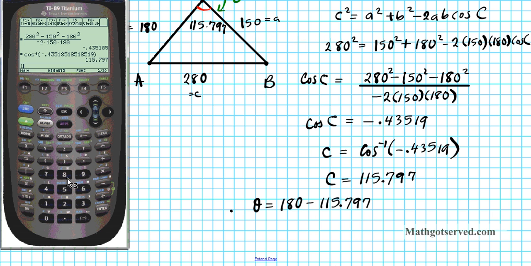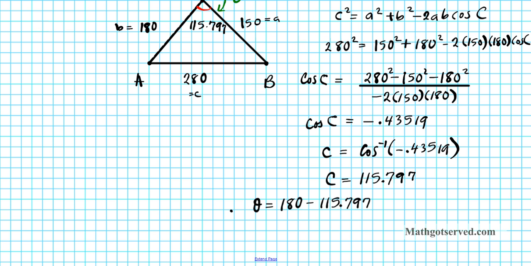So 180 minus our previous result, and the answer is 64.2. So let's write that down. Theta is approximately 64.2.